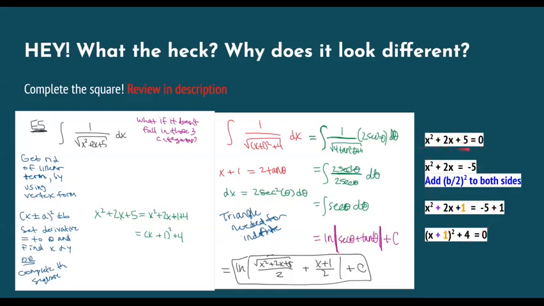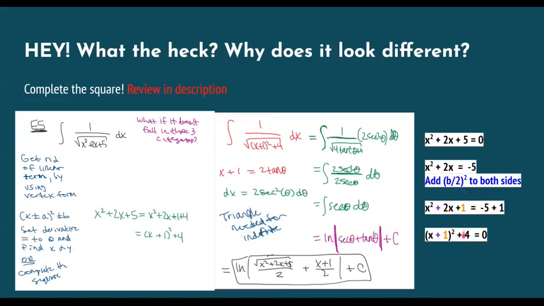So what you do to complete the square, I have this right here. I set it equal to 0. I subtract the constant on the other side. Then I add b divided by 2 squared to both sides. B is 2. 2 divided by 2, 1. 1 squared, 1. So I add 1 to both sides. And then that gets you -4 on the other side.